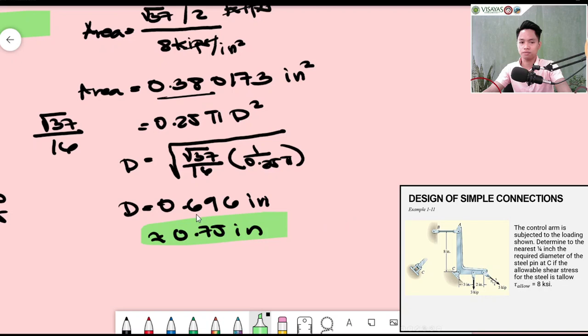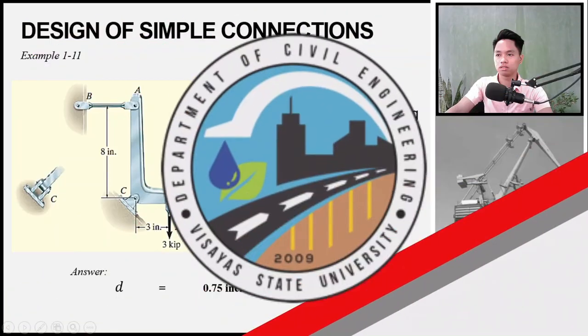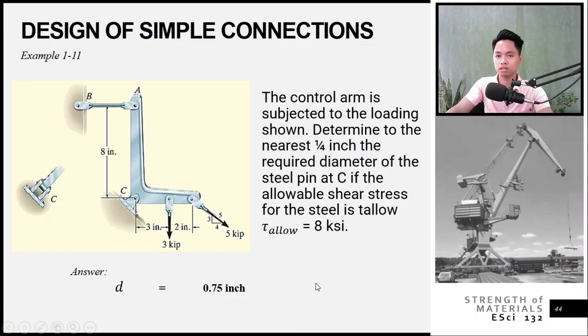We have 0.75 inch. Okay, so we have 0.75 inch for our pin at C. Okay, so I hope nga klaro ra. Okay, so now we can now proceed to our next example. Again, if you have some question, all right, feel free to ask.